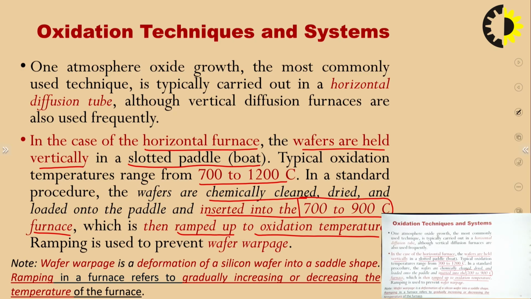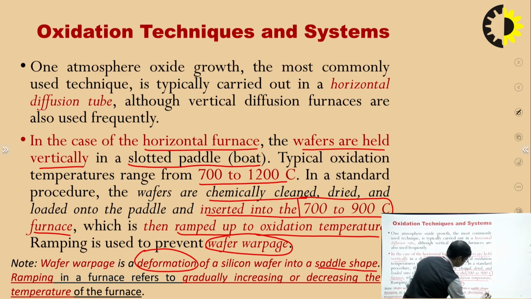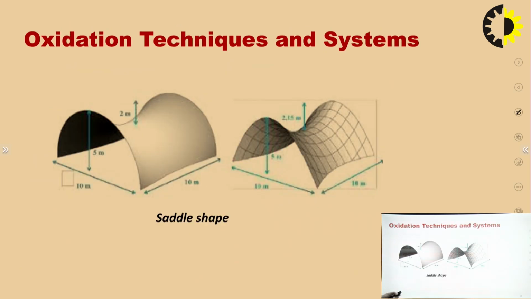Why? Because otherwise wafer warpage may take place. What is wafer warpage? It is the deformation of a silicon wafer into a saddle shape. That is, your silicon wafer bends like this. This is known as saddle shape.